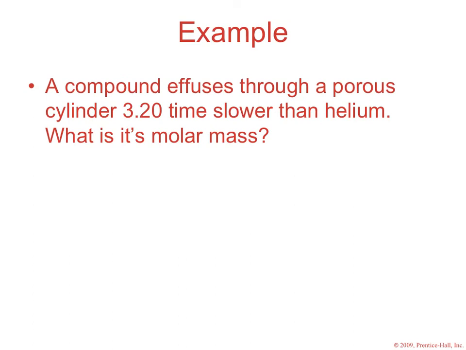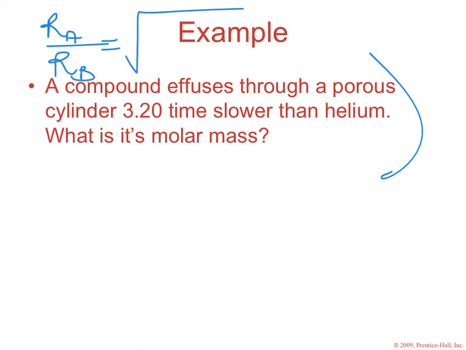All right, so finally, here's an example that's going to require you doing a calculation using Graham's law. So let's just write Graham's law up here. The rate of effusion of one gas divided by the rate of effusion of the other is equal to the square root of inverse molar masses. If you read this problem, the whole trick is sorting through the words of the problem and knowing what goes where.